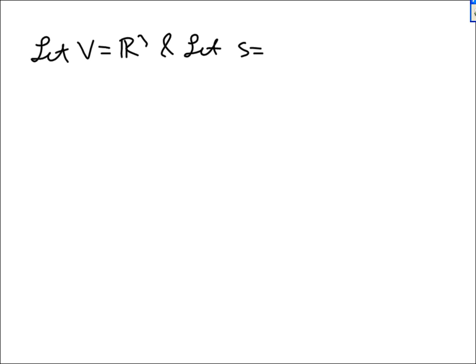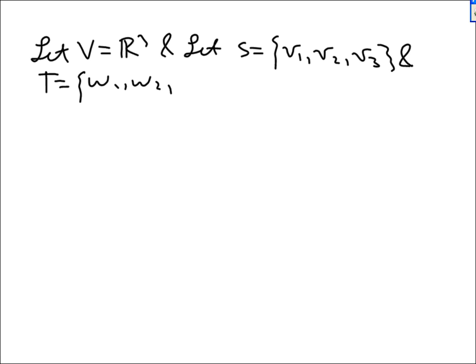And let S contain 3 vectors in V, and T contain another 3 vectors in V, and in particular, let them be bases for V. V is R3.